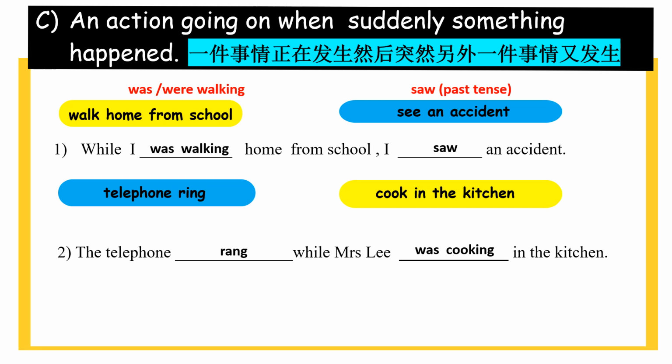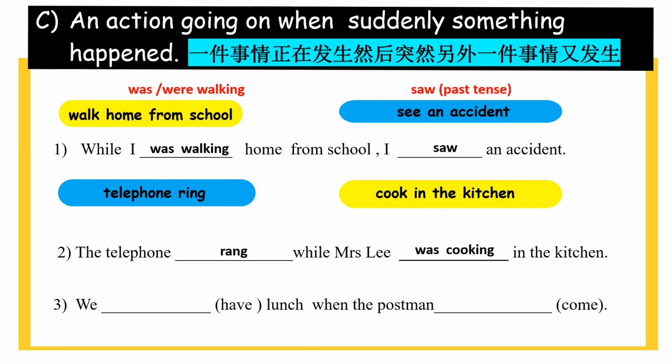All right, number 3. This one you just copy the sentence. All right, you don't need to have the verb written at the top. Okay, now look at number 3. We have lunch when the postman come.